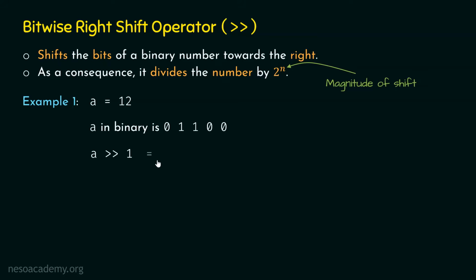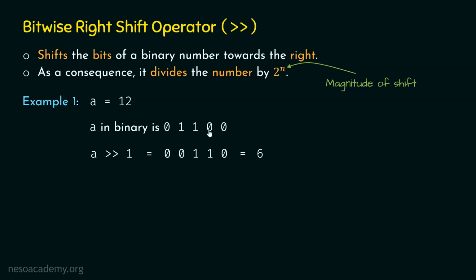So the result will be 00110. And note that the sign bit will remain same, that is, we must put 0 here because the original number has the sign bit 0. So one thing is clear, that when we shift the bits towards right of a positive number, the number will remain positive and hence the sign bit must be 0. This binary number is equivalent to number 6.